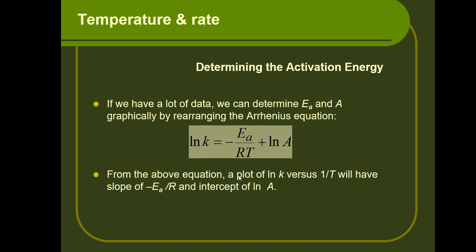The slope is negative E sub A over R, because your variable here is 1 over T. Your y-intercept is ln of A, and your y is the ln of k.